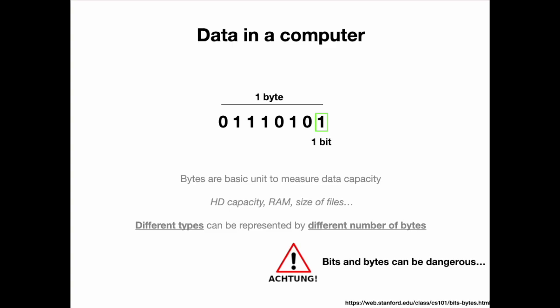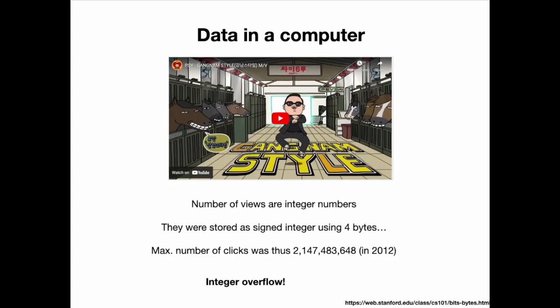And as I mentioned earlier, the bits and bytes, they can be dangerous. And that's an example of what happened once on YouTube. That was quite a few years ago, back in 2012.